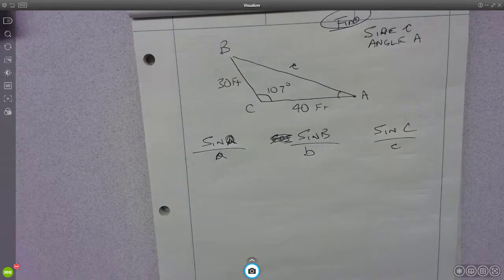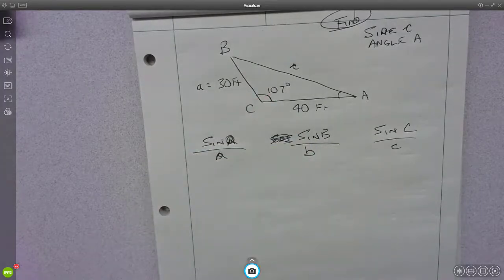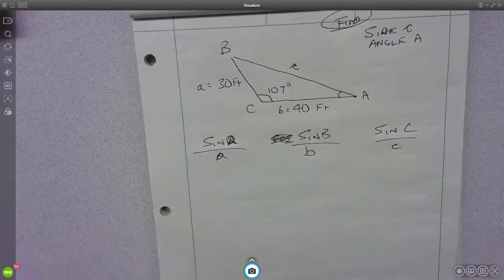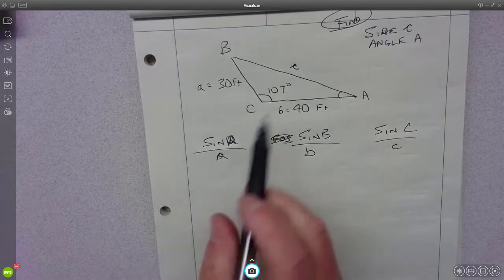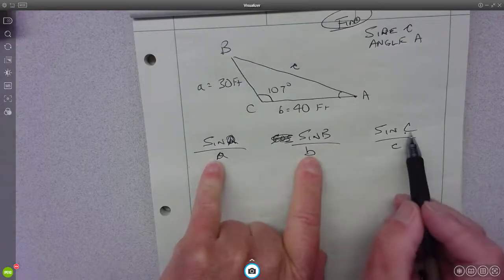What do we know? We know A, and we know B, correct? And then we know angle C here. So we know that, and that, and that.